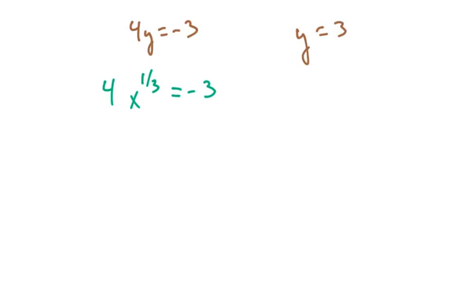So I need to do this on a new page. So 4y equals negative 3, and the other one was y equals 3. And we had substituted y for x to the 1/3. So now I'm replacing it back.